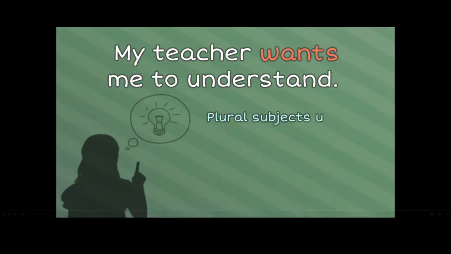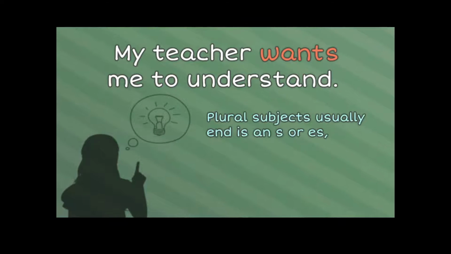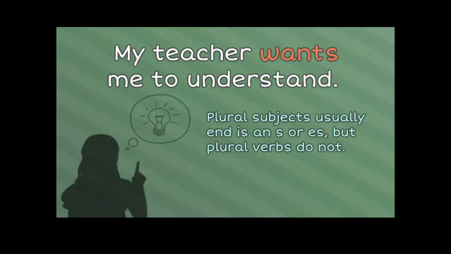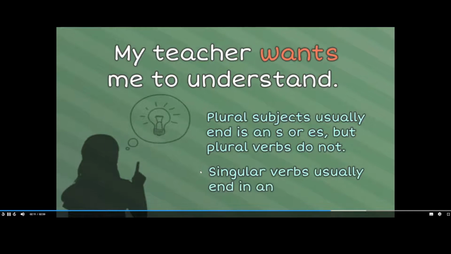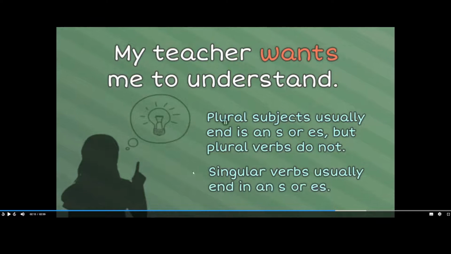Plural subjects usually end in an S or ES, but plural verbs do not. Singular verbs usually end in an S or ES. See, this is what I explained to you earlier. Plural subjects. Now, if it's plural, meaning more than one, it needs to end with S or ES. Now, where to use S or ES depends on how the subject is spelled.